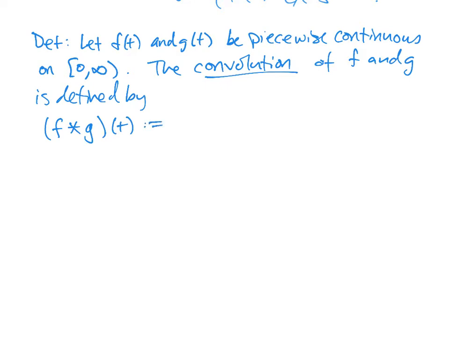And this is going to be defined by the integral from 0 to t of f of t minus v times g of v dv.